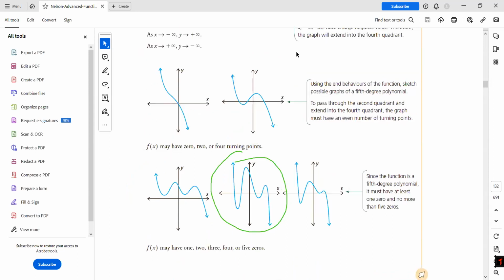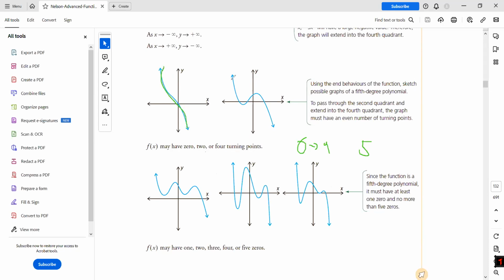In order to be more accurate, we can also say that f of x may have 0, 2 or 4 turning points. Right, it could be 0. We can have up to 4 turning points if the degree is 5, right? We can have from 0 to 4 turning points if the degree is 5.